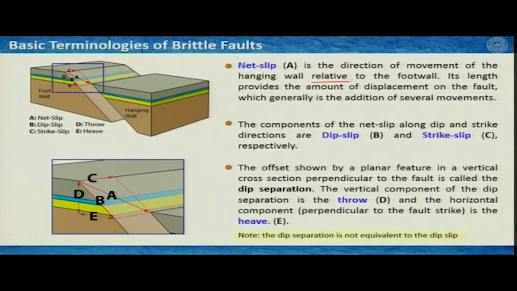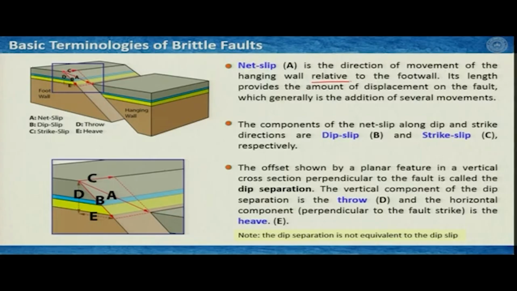The length of the net slip provides the amount or magnitude of displacement on the fault, which generally is the addition of several movements. So, in this example, we see that this point and this point were together at one point of time, before the fault happened. Now, the fault displaced this point from here to here.